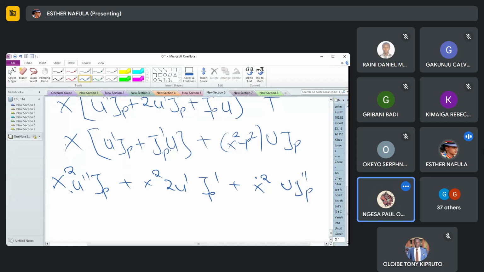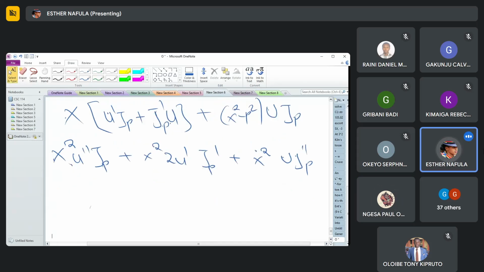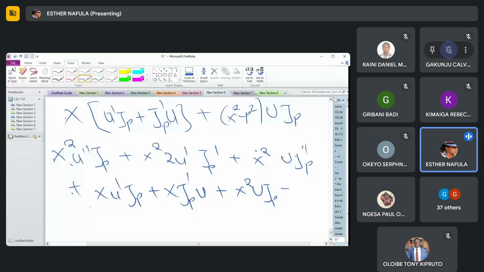If we distribute the x, plus x u prime jp plus x j prime u plus x squared u jp minus p squared u jp equals 0. Forgot to put an equal to 0 here.